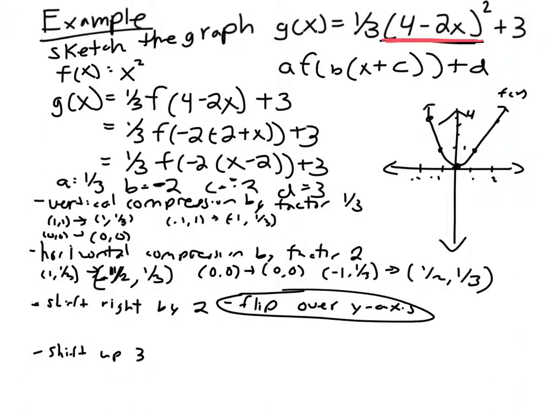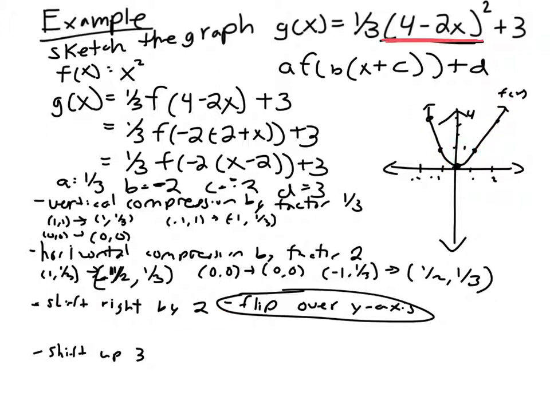Okay? So actually, for this particular graph, the flip over the y-axis didn't do anything because this is a symmetric graph. And so when you flip it over the y-axis, nothing happens. If you flip it over the x-axis, well, that's more meaningful. But flip over the y-axis is not meaningful at all, actually, in this graph.